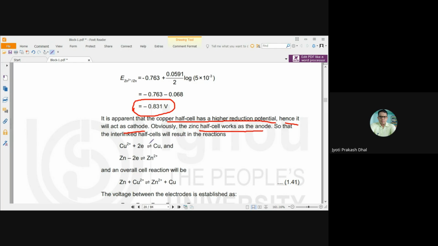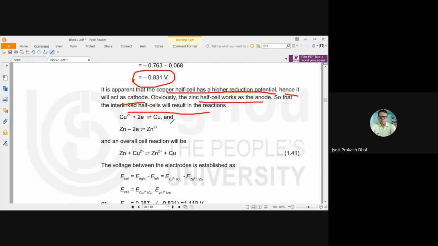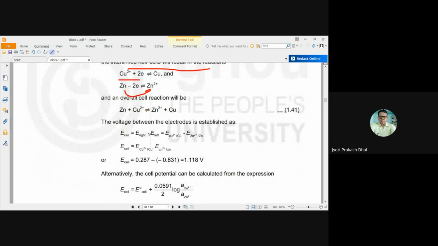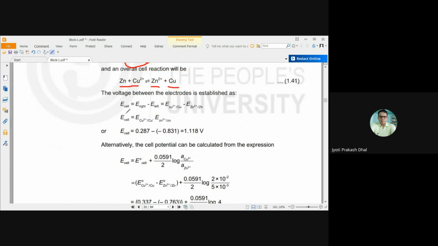So the cell reaction can be written like this: copper 2+ by absorbing 2 electrons is converted into copper metal, while zinc metal releases 2 electrons and is converted into zinc 2+, and the overall cell reaction can be written as zinc plus copper 2+ gives zinc 2+ plus copper.